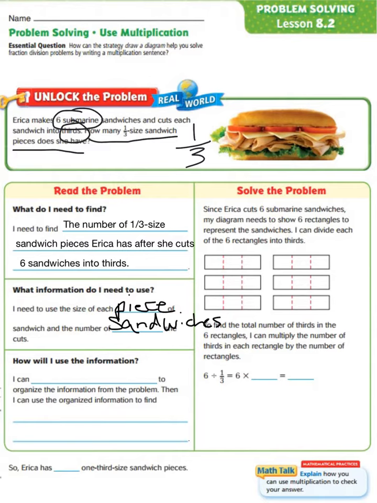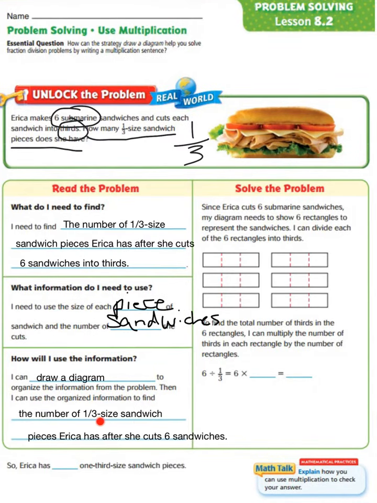So now how will I use the information? I can draw a diagram to organize the information from the problem. Then I can use the organized information to find the number of 1/3 size sandwich pieces Erica has after she cut 6 sandwiches. So let's break it apart to solve the problem.